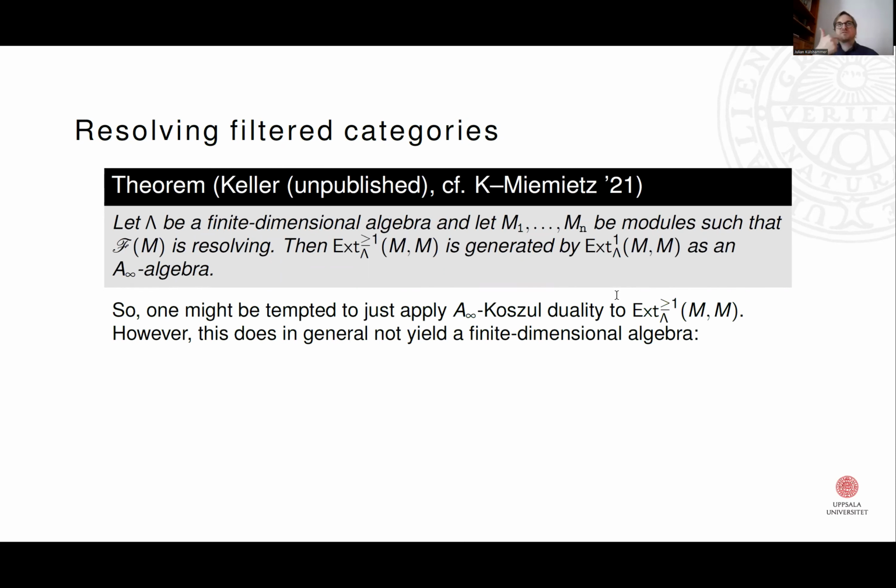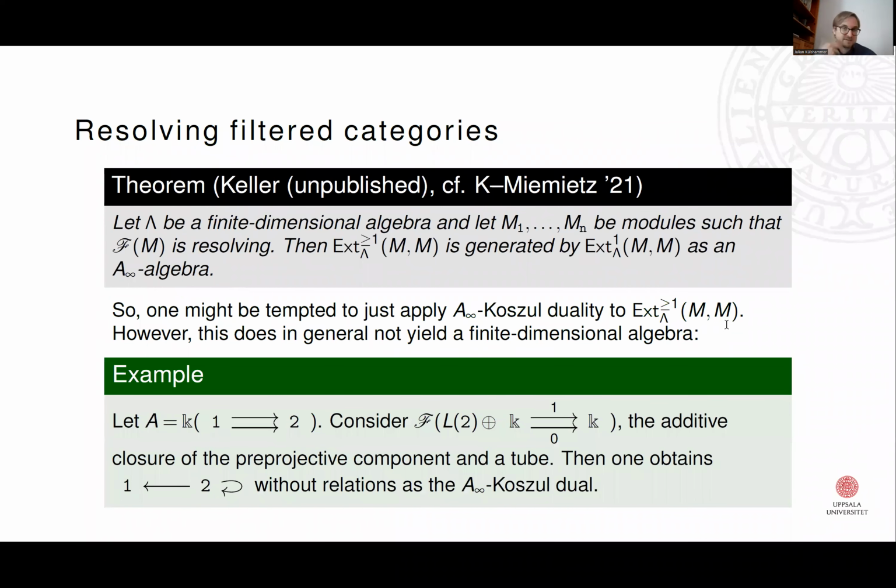So you might be tempted to recover the algebra A by just applying A-infinity Koszul duality to this positive part of the Ext algebra of the modules. But actually, there are examples where this does not yield a finite dimensional algebra. So there are subtleties even in this setup where everything is nice and resolving. And I think here also some Jordan-Hölder property holds.